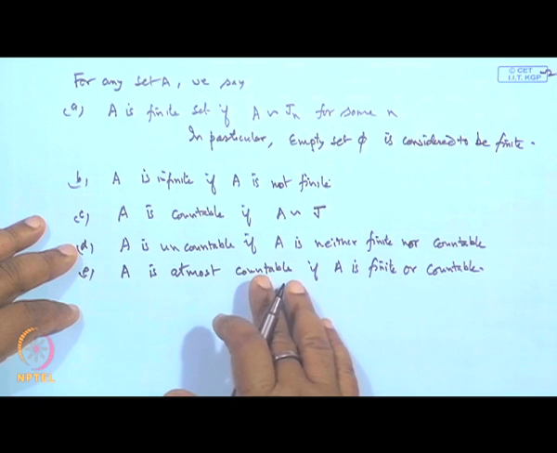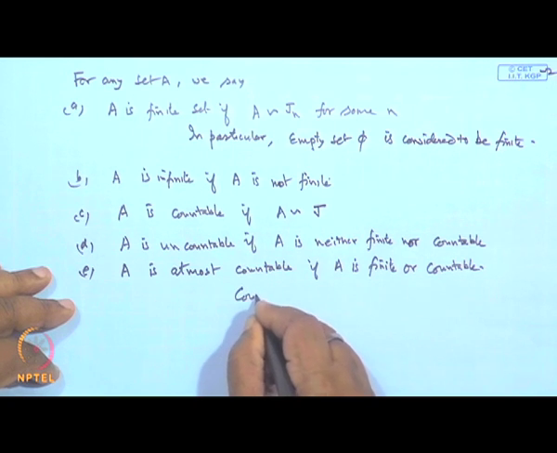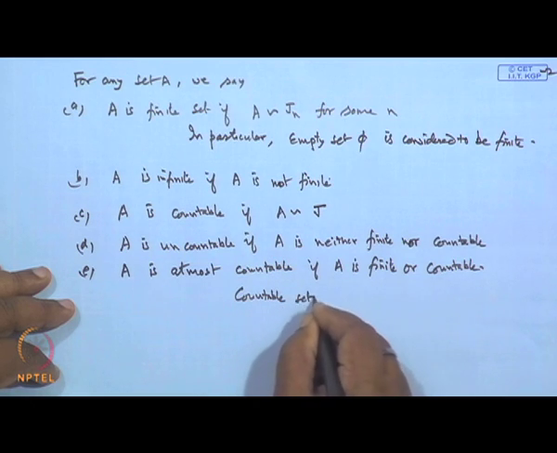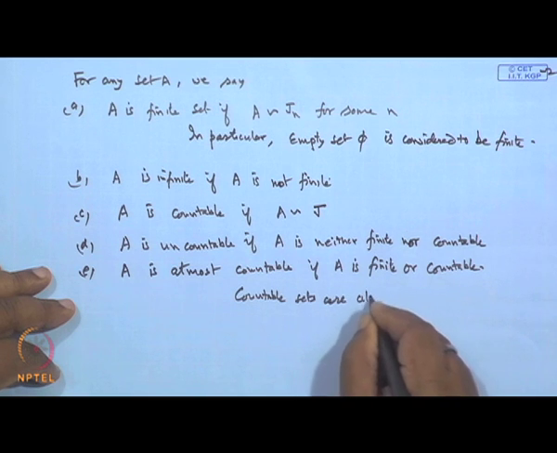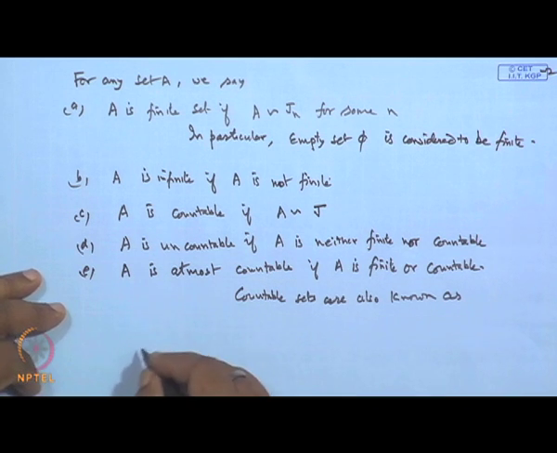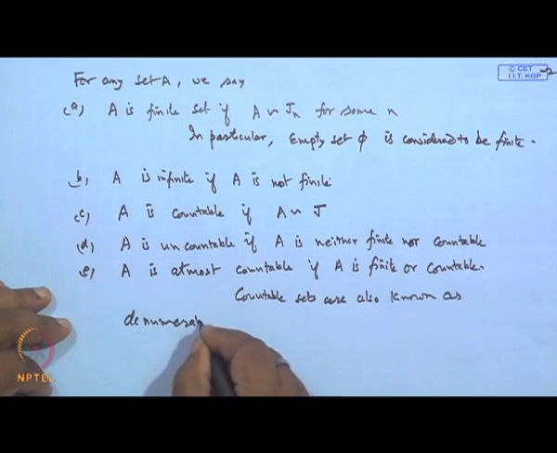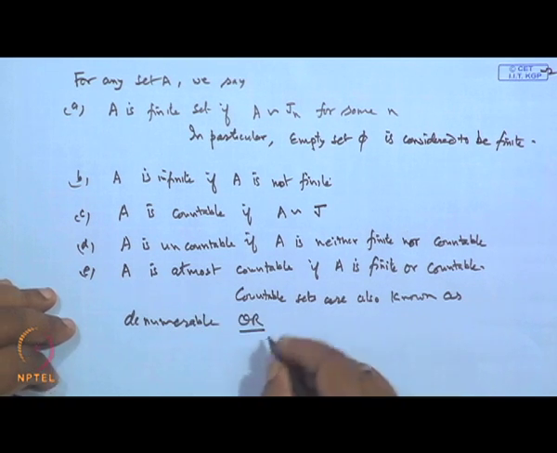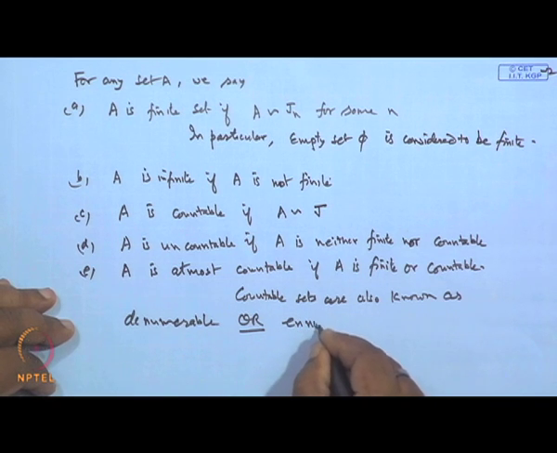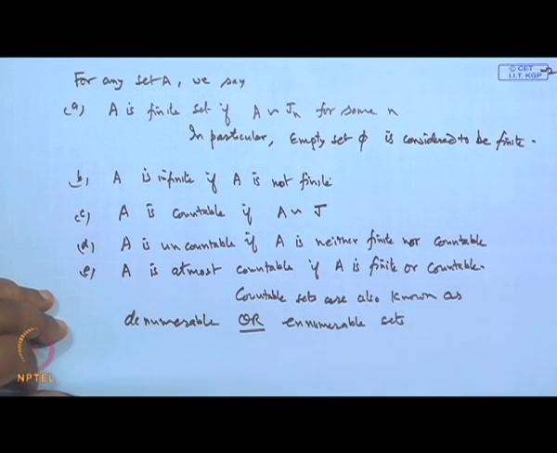So, we say A is at most countable means either it is finite or a countable set. Countable sets are also known as denumerable sets, or enumerable sets, or numerable sets. Okay.